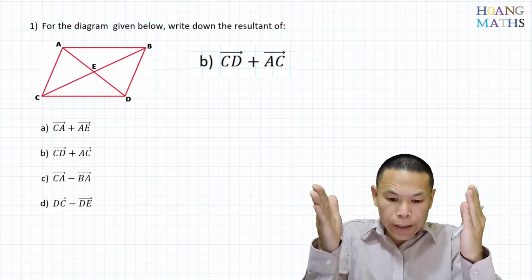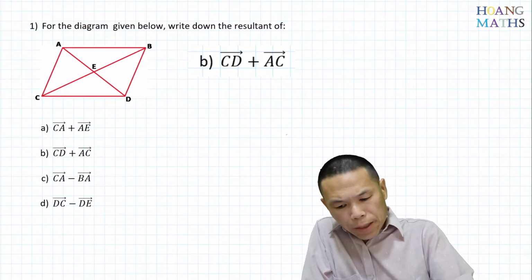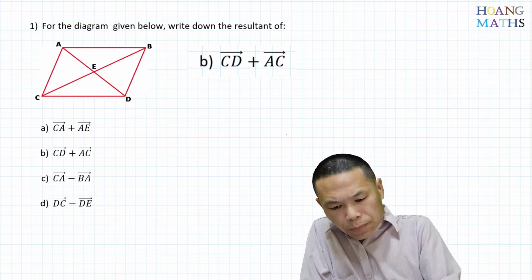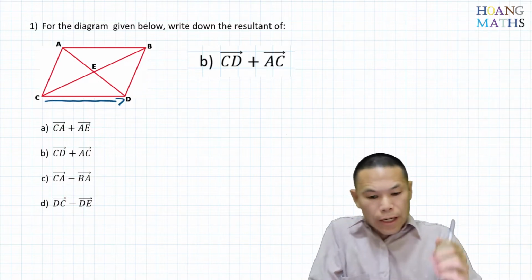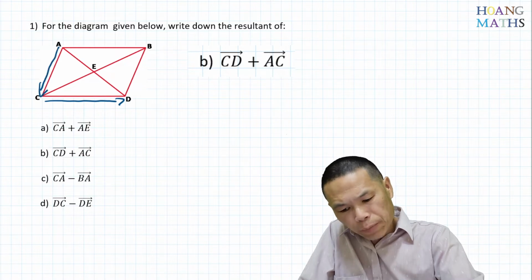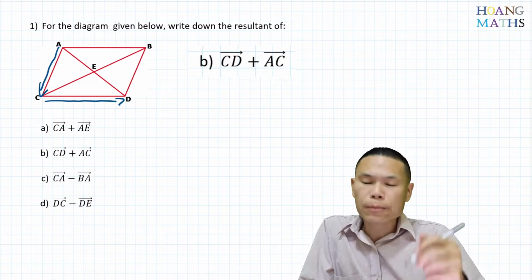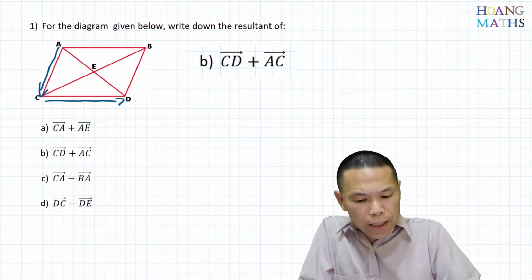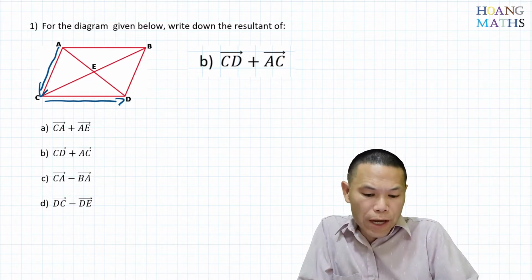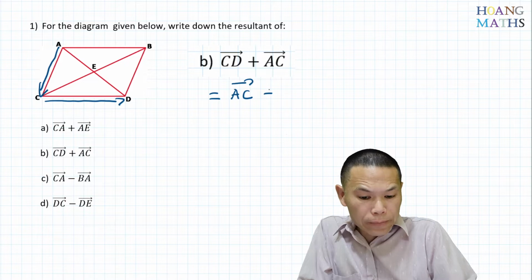So CD plus IC. The vector CD is this vector here. And then we add IC. IC is here. So we know that vector CD plus vector IC is exactly the same as vector IC plus vector CD.